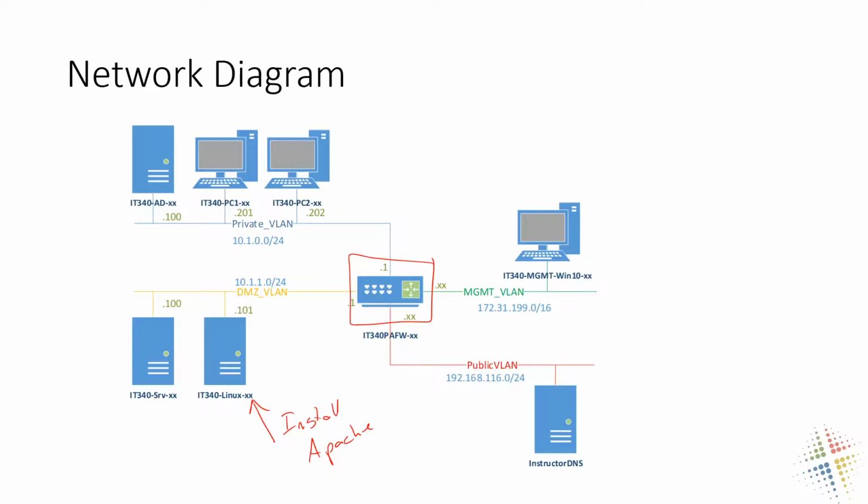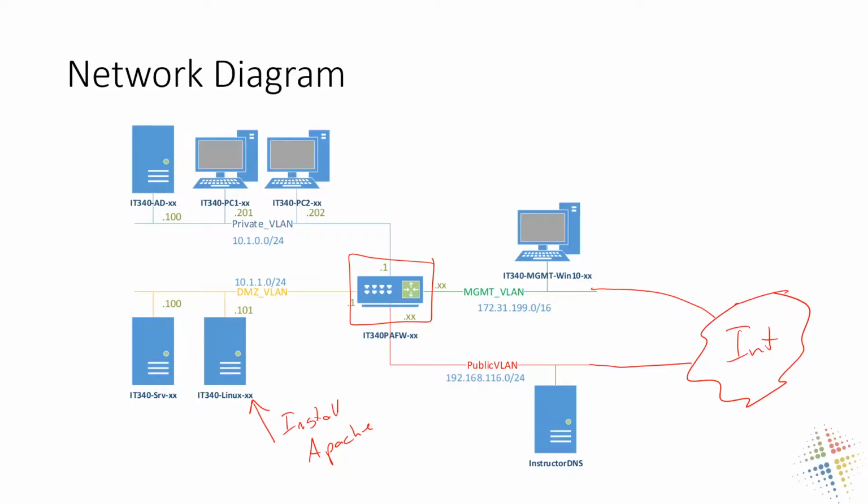The next thing I want to do is then find a machine that I can test it with. And I know what you're thinking. Out here on the public internet, we have the internet, but we don't necessarily have machines to access this. And actually we do, because not only connected to the internet is the public VLAN, but this management VLAN is also connected to the public internet.